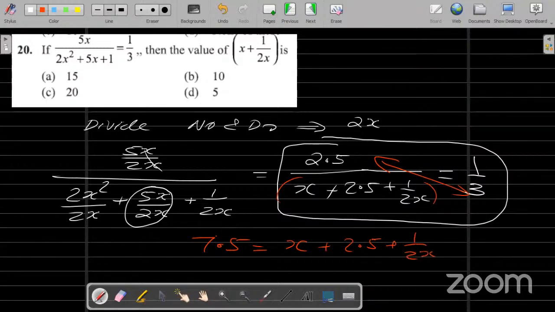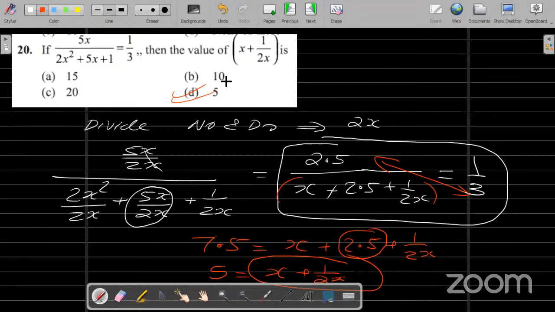Now, taking the 2.5 to the left hand side, 7.5 minus 2.5, 5 equals x plus 1 by 2x. We need to get the value of x plus 1 by 2x as per the question. So the answer is 5, option D. Those who cannot adopt this method may not get the answer to the question. Why?